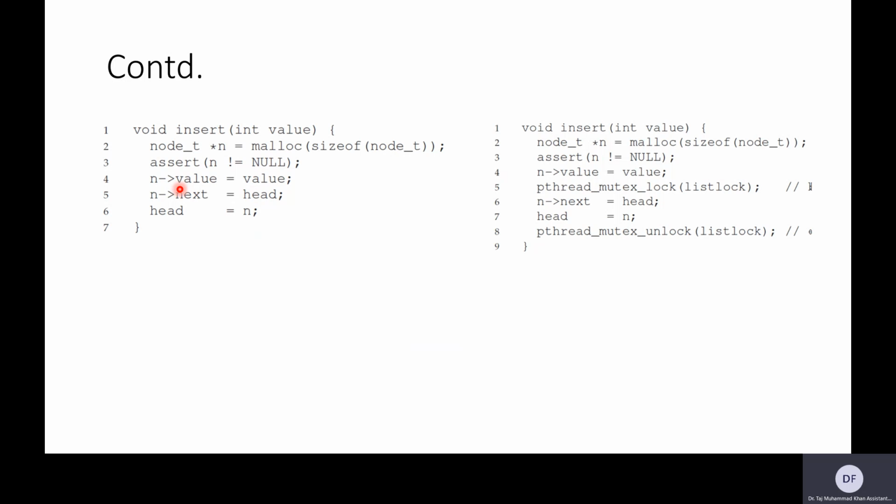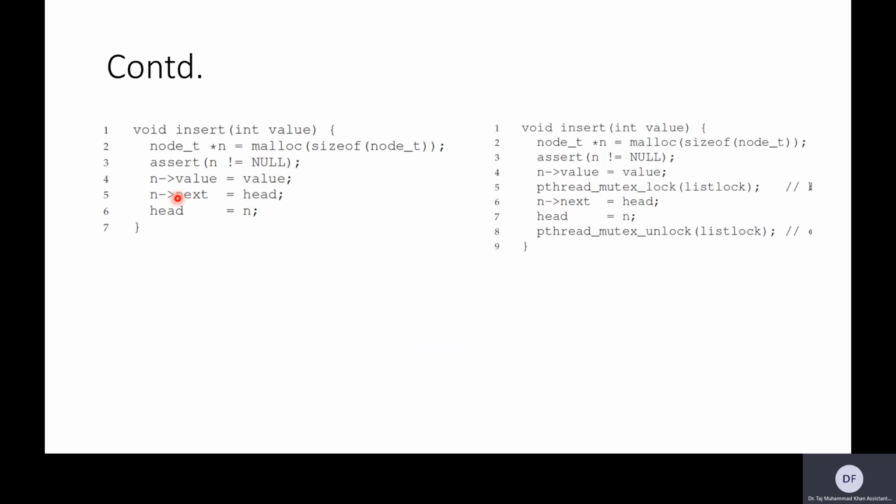So we point this node's next to the old head, and then we replace head with this node. This operation is happening in 2 steps, and if a thread gets descheduled between these 2 lines and another thread comes and changes the value of head, then this linked list will be corrupted.